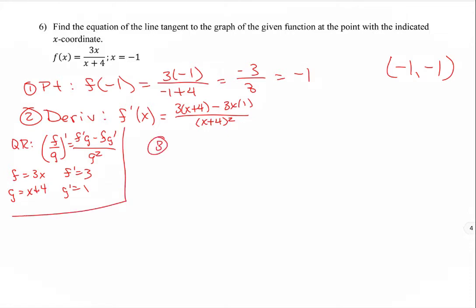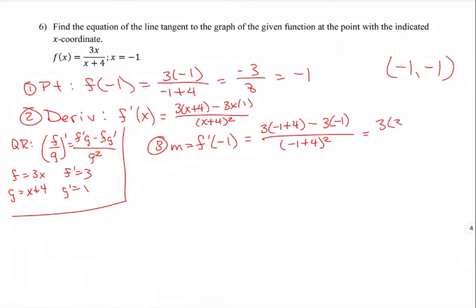Third is find the slope, which equals f prime of negative 1, which equals 3 times (negative 1 plus 4) minus 3 times negative 1, the 1 doesn't matter, over (negative 1 plus 4) squared, which equals 3 times 3 plus 3 over 3 squared.